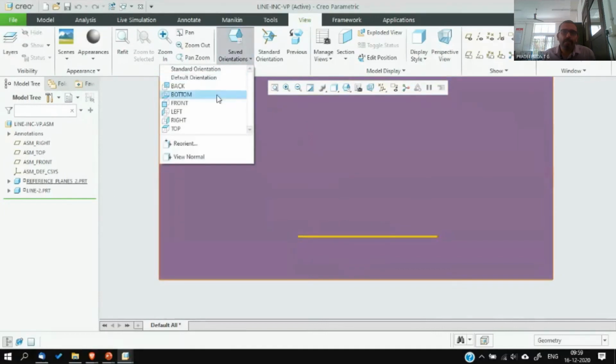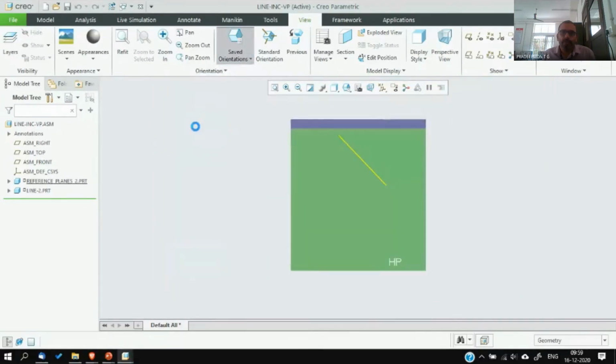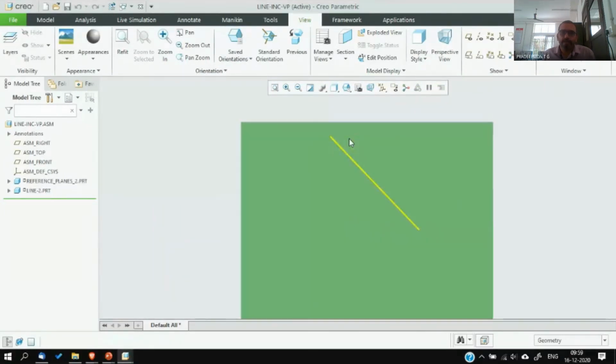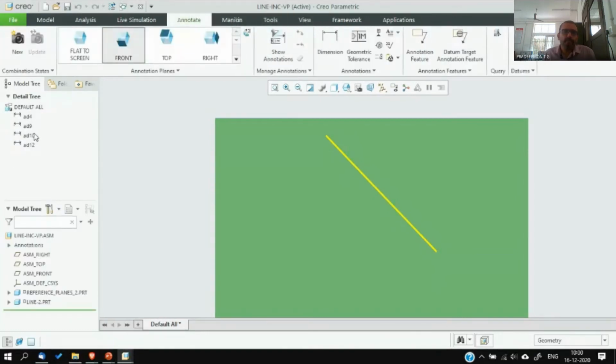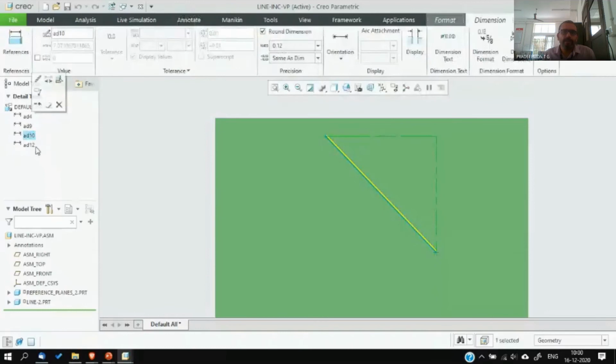And the top view is inclined at an angle with the XY line. Here is the XY line and here is the actual line. So the top view is making an angle of some phi with the XY line. In this case, I have created this with an angle of 45 degrees with the VP, and let's see whether it is the same.